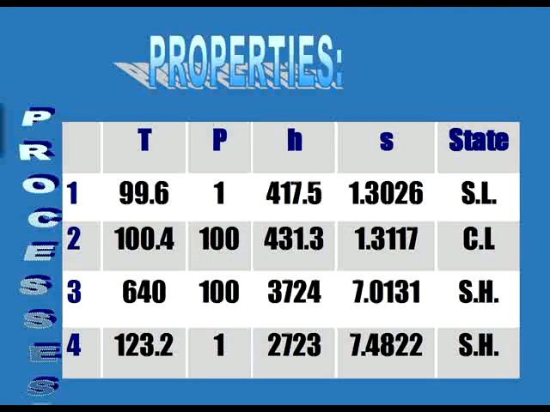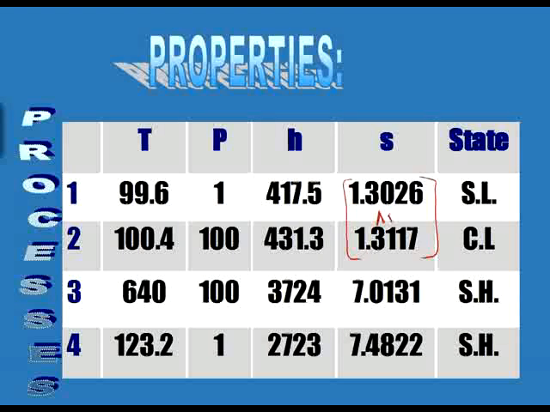Putting it all together, we can get a table of all our properties, and we can move forward from here and do our entropy balances and find the irreversibilities in all this equipment. You'll notice that as I go through the pump, which we've assumed to be adiabatic, the entropy is increasing, and that's due to friction.